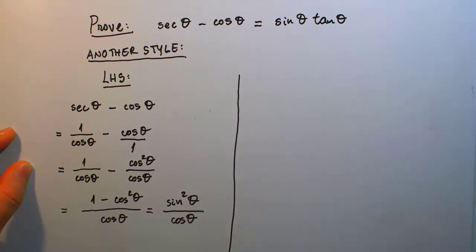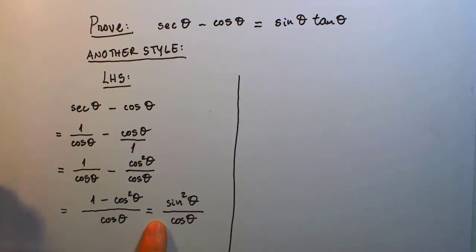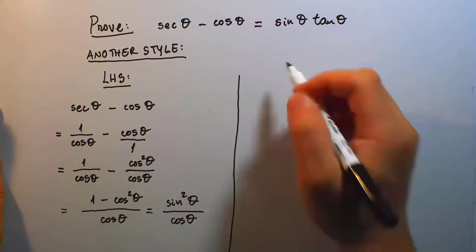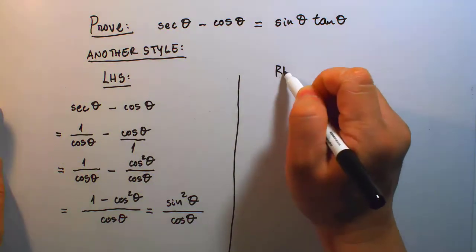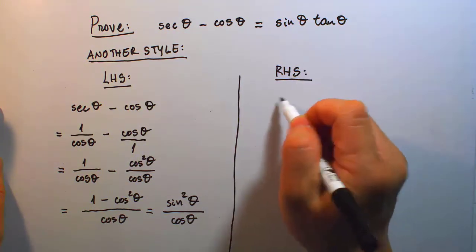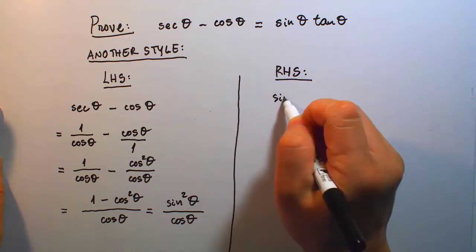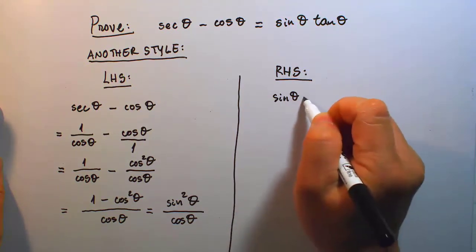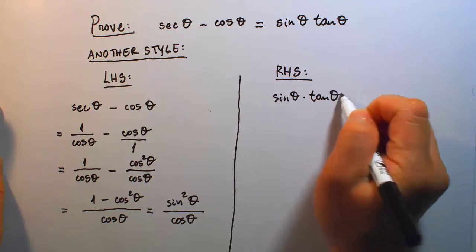So it seems like we didn't get anywhere too far yet. Sometimes when we feel stuck at this point and don't know how to simplify further, we turn our attention to the right-hand side. The right-hand side starts out with sine of theta multiplied by tangent theta.